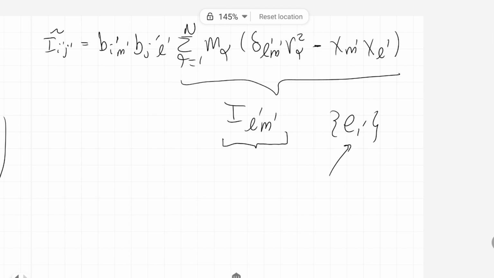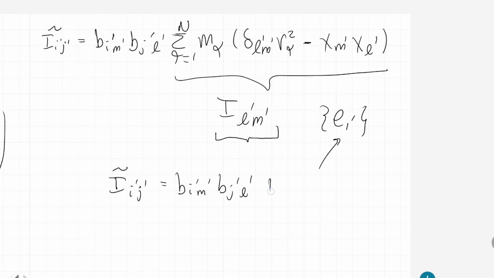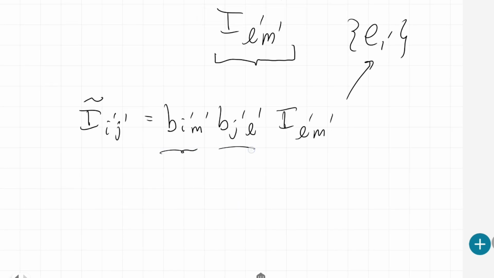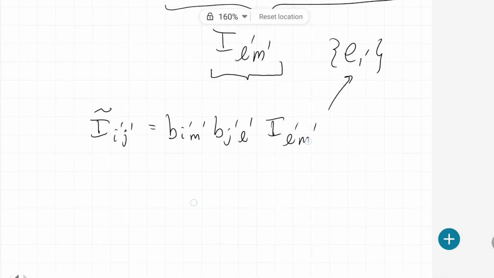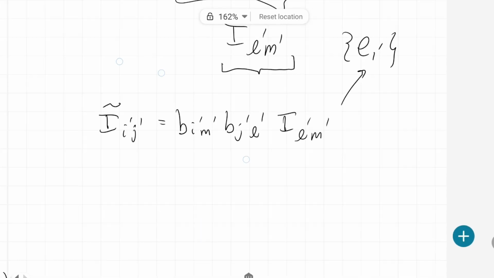So that means that we have found an equation that relates the inertia tensors of each coordinate system like this. I i prime j prime tilde is equal to b i prime m prime b j prime l prime times I l prime m prime, where these components of course correspond to the components of the orthogonal matrix B that we introduced at the beginning of the video.